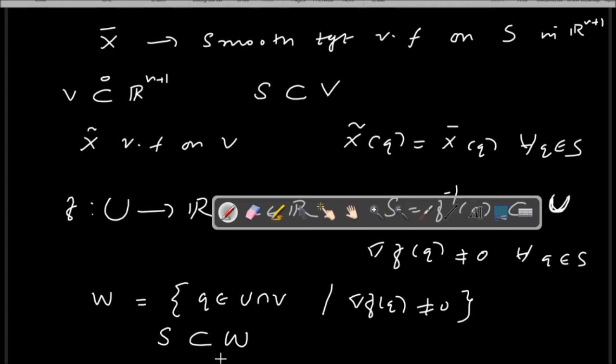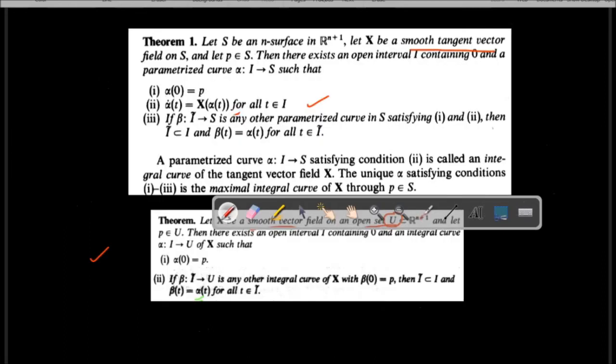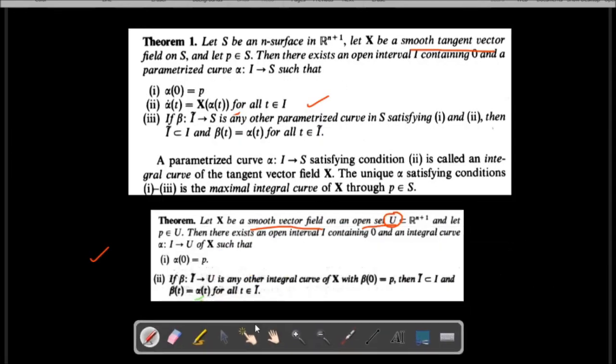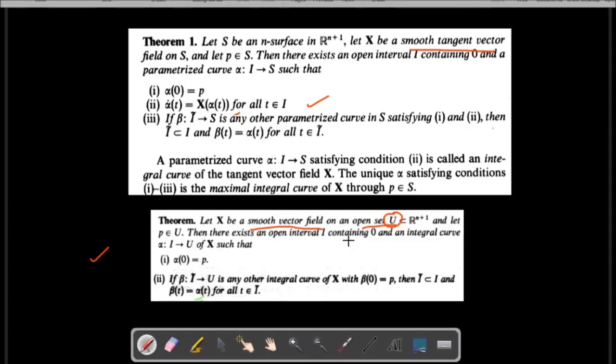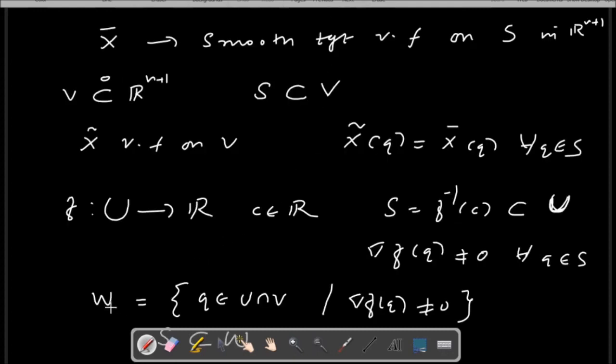So we have constructed a W in such a way that for all the points q, we have del f of q not equal to 0. Okay. So we have come to apply the theorem now. We have constructed an open set U, and a smooth X bar. What is that U? Here our U is W. Now what do you need next?